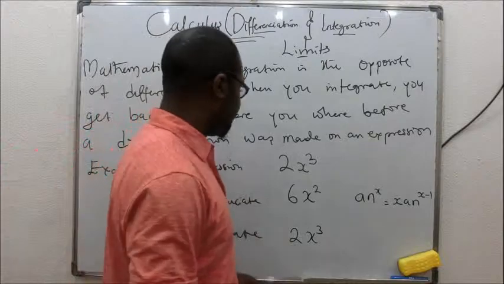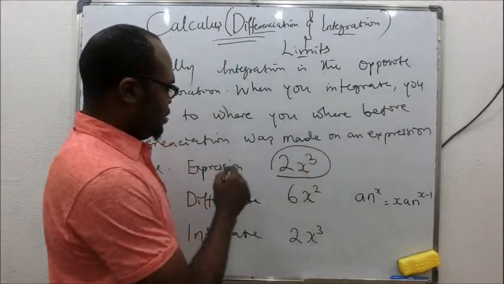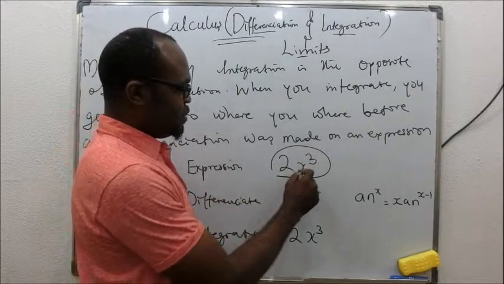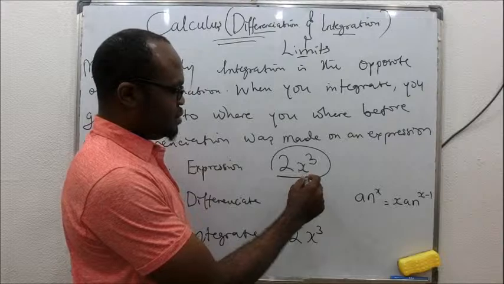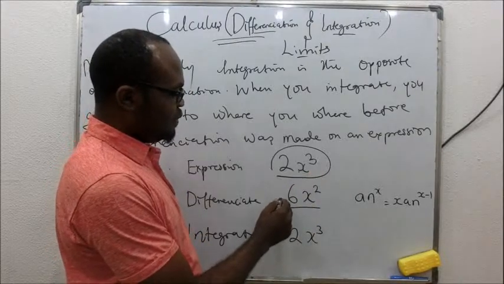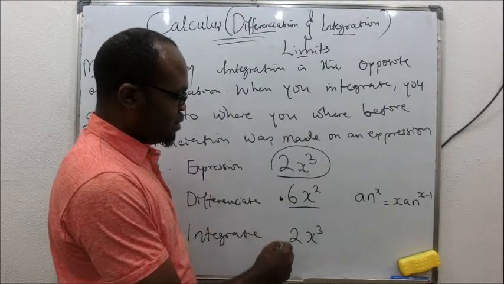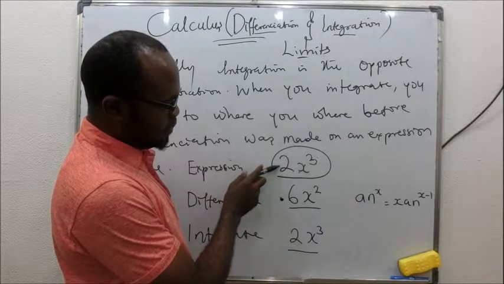So we look at this expression. Given this very expression, if you differentiate it, you have this. Now, if you integrate this very expression, you have this, which is actually where you're coming from.